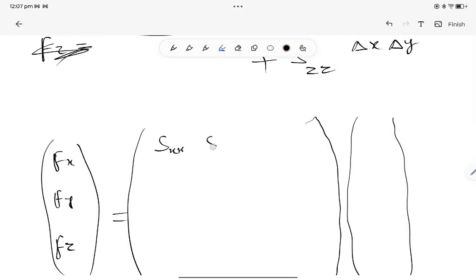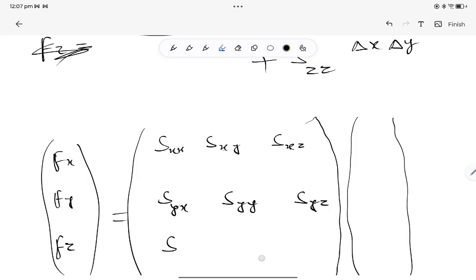You see x remains constant, the row index is constant, and the column index changes. Now the row index here must be y: Syx, Syy, Syz.